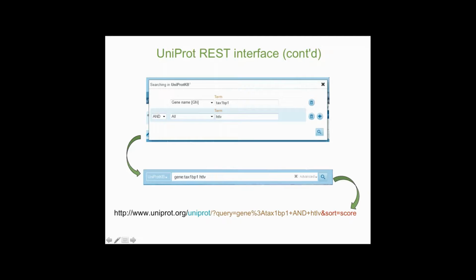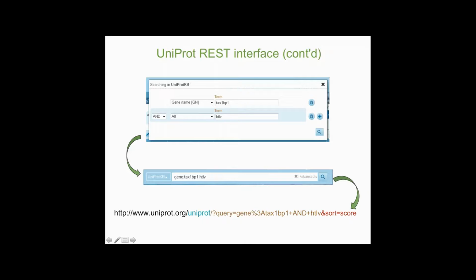On the UniProt website, you can go to the search box and click on the Advanced tab, which opens up a view like this, where you can, in a point-and-click fashion, construct very complex searches that target individual fields with the information that you're looking for.